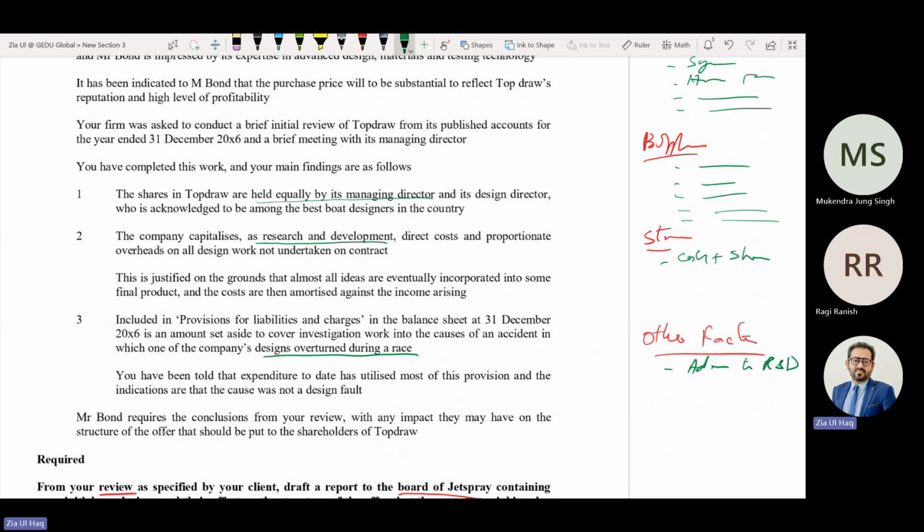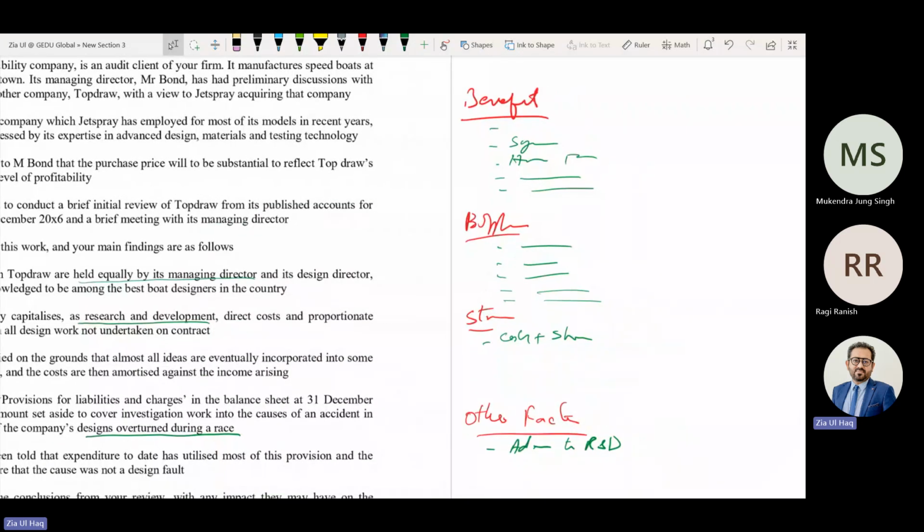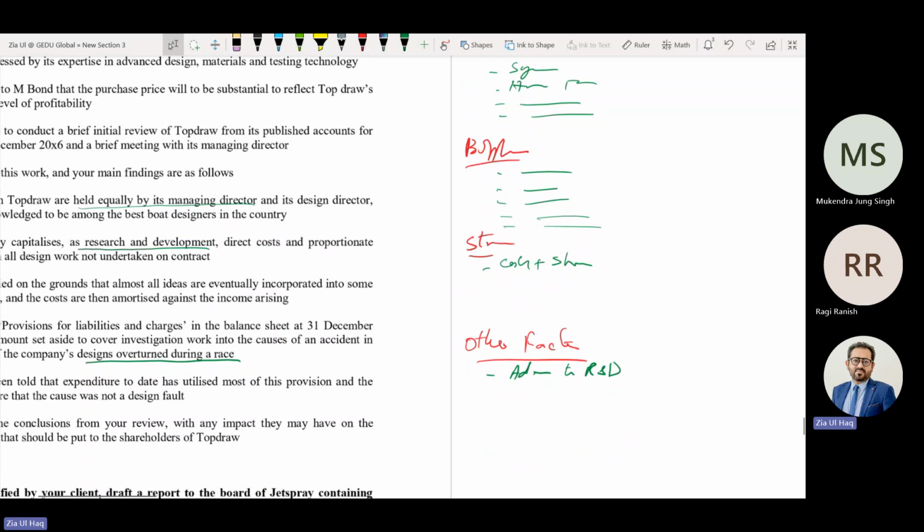Mr. Bond required the conclusion from your review, not an audit review, non-audit, with any impact they may have on the structure of the bid offer that should be put to shareholders of TopDraw. So benefits we have identified, problems we have identified, now the structure of the bid. If the company wants to acquire this, they should move towards the cash plus share option, not only cash.